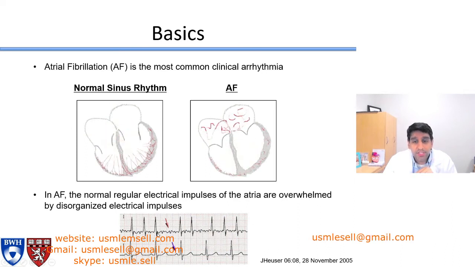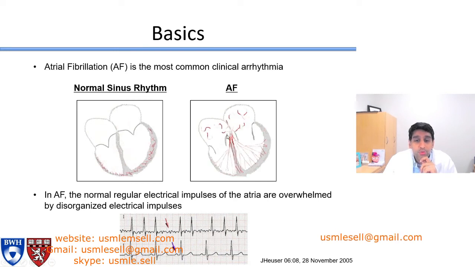Now, the downstream consequence of that is an irregular penetration through the AV node into the ventricular system, which gives an irregular QRS pattern on the EKG and an irregular pulse. And of course, that irregular pulse is the pathognomonic definition for atrial fibrillation.